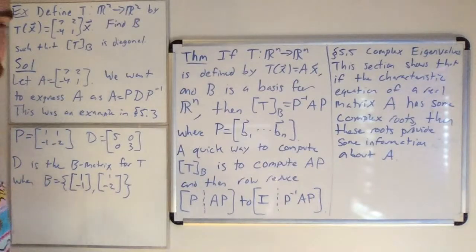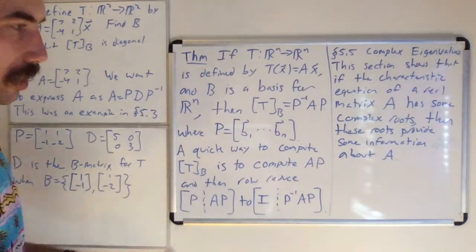We'll say it acts on Cn, which is lists of complex numbers.